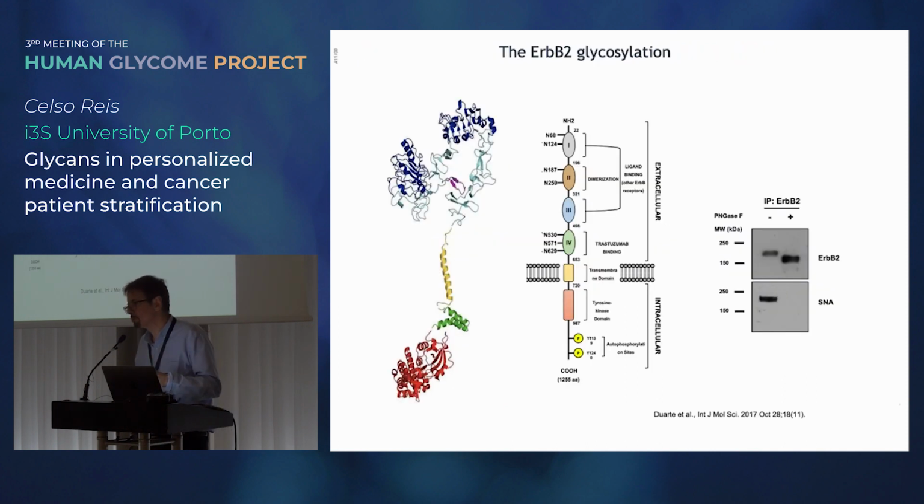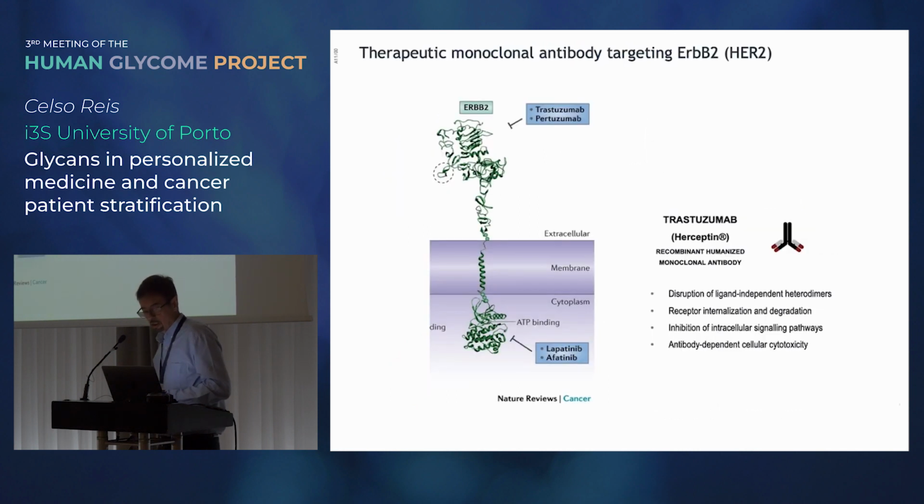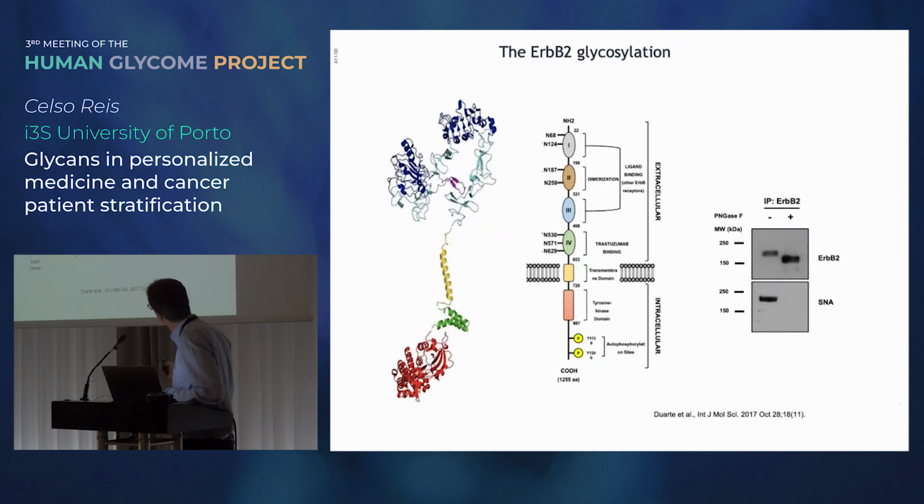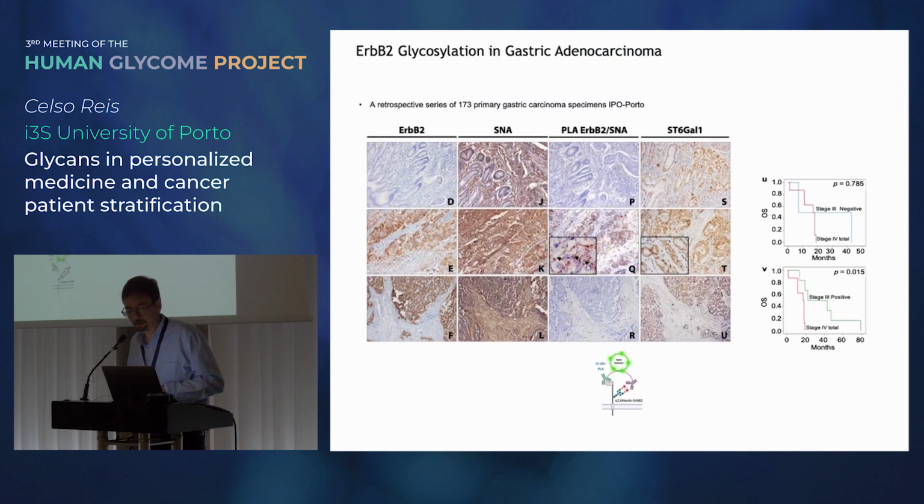So the interest in that protein started a few years ago when we observed that when we digest the protein with PNGase F, there was a clear shift in the electrophoretic behavior of the protein, and also some glycans were disappearing based on antibody and lectin analysis.